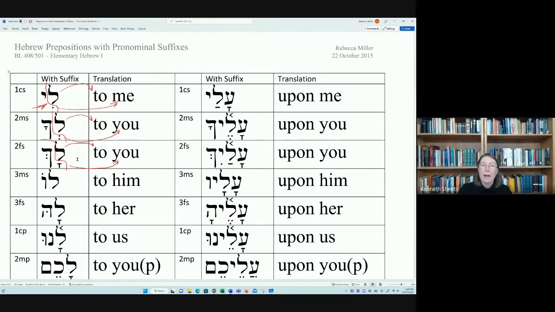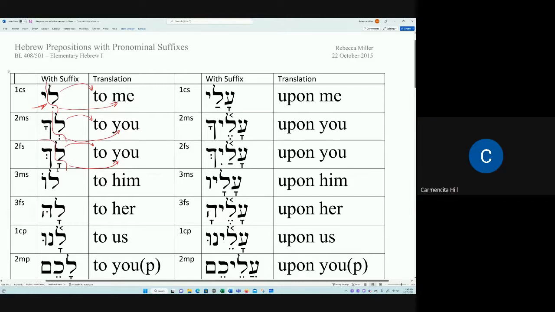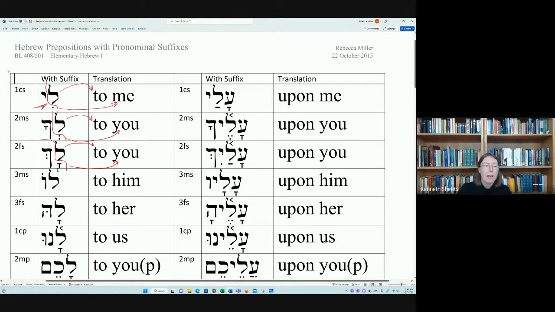So we can't have that because then those two forms could possibly be confused. And so as a result, they change the vowel a little bit to ik, to indicate that this is not the imperative of halak. This is, in fact, the Lameth preposition with the second feminine singular pronominal suffix.